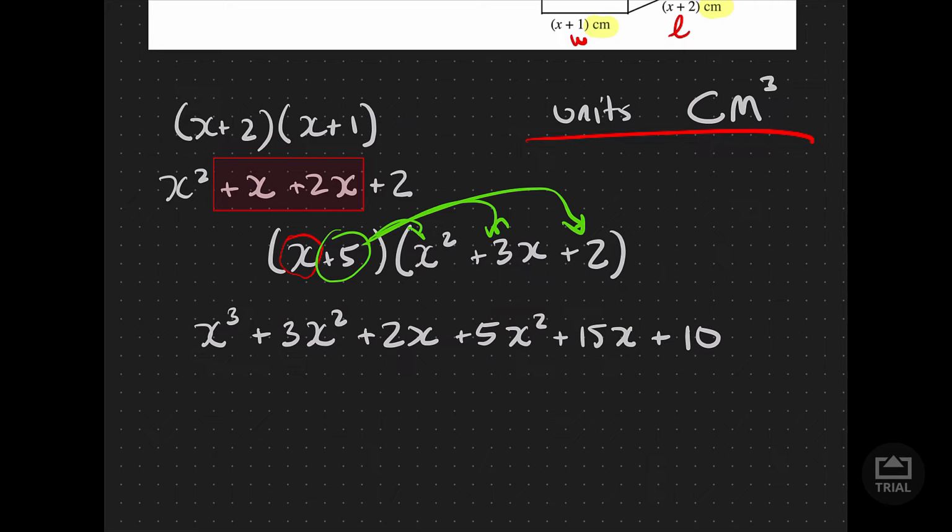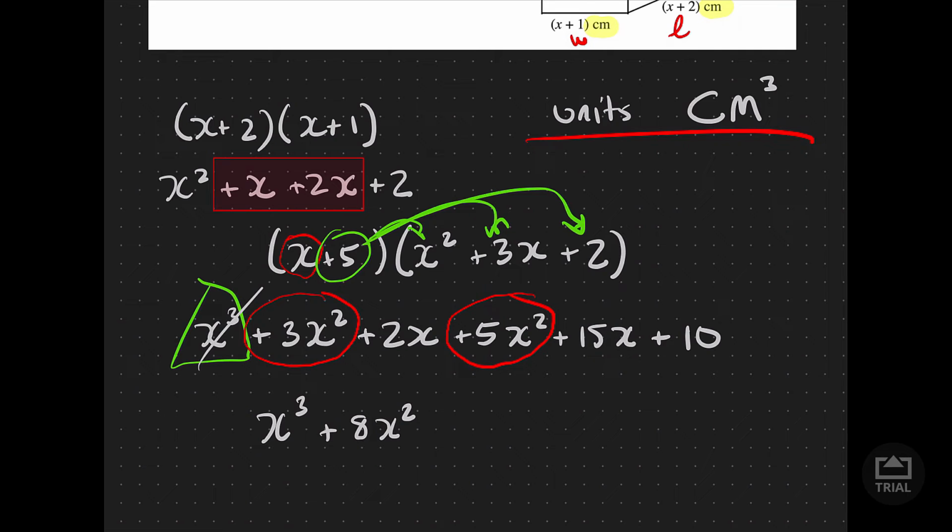Time to gather like terms. Start with our highest degree, which is going to be 3. So I have 1x cubed. You're done. Let's move on to our squareds. I got a positive 3x squared and a positive 5x squared, giving us a total of positive 8x squared. Move on to degree 1.